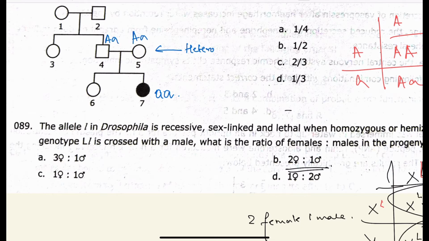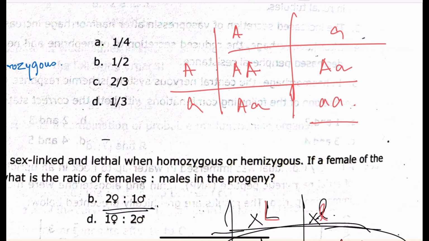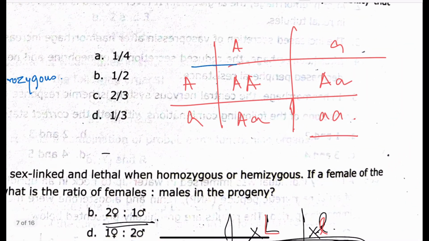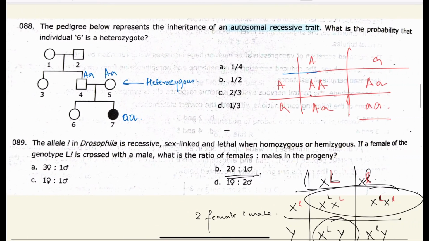So if we do that cross here, capital A, small a, and here capital A, small a, then we'll get 4 squares: capital A capital A, which is homozygous, capital A small a, which is heterozygous, another capital A small a, heterozygous, and small a small a. So this small a small a one has been received by individual 7. So 6 can only be a homozygote or heterozygote. What is the probability of 6 being a heterozygote?